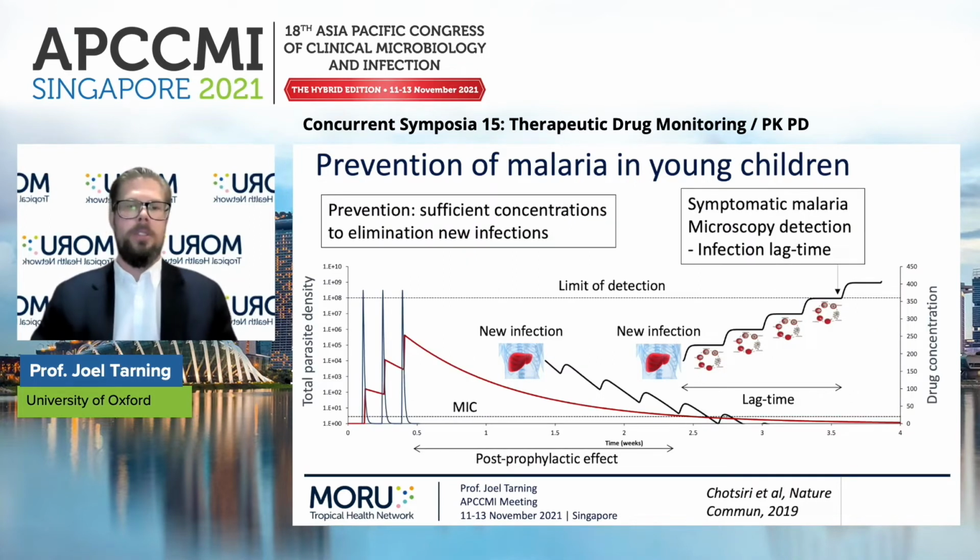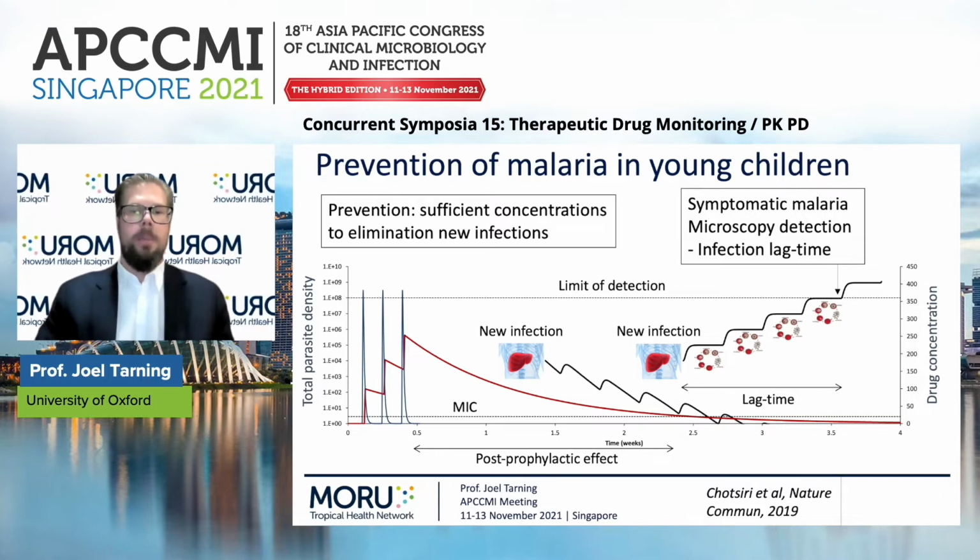So when it comes to prevention of malaria, it's slightly different, but a similar principle. Again, I tried to illustrate that with this illustration. We have total parasite density on the y-axis and time in weeks on the x-axis. The blue spikes here are the DHA treatments, and the red line here is the accumulation of piperaquine in the blood and the post-prophylactic effect that piperaquine gives.